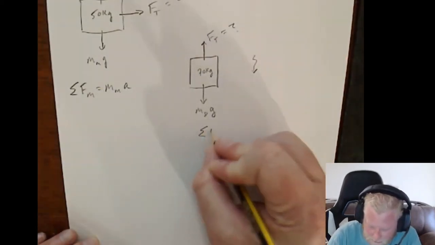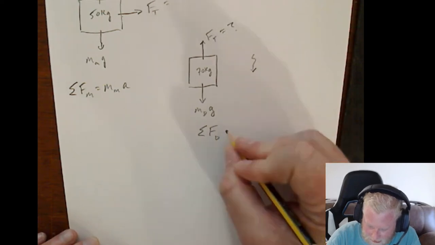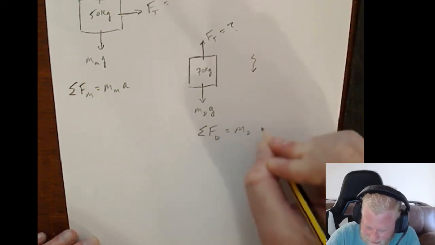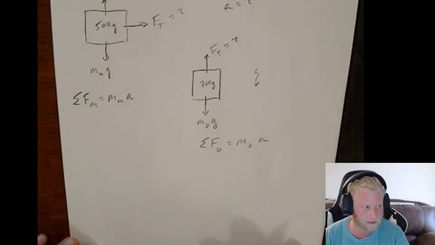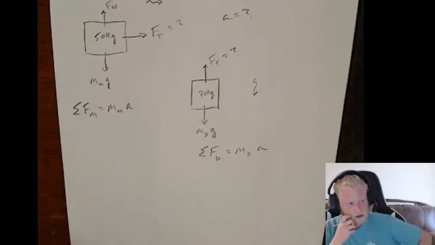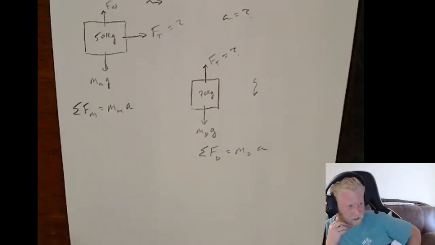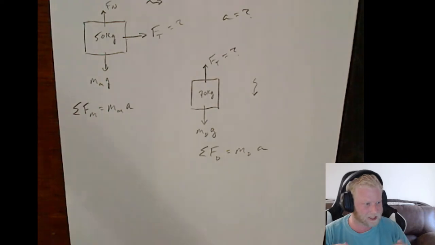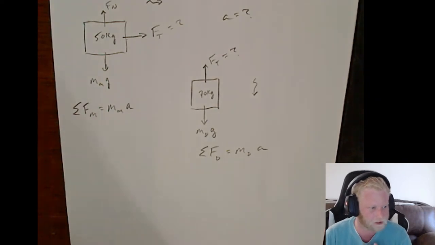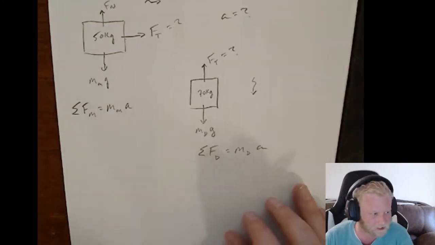And the net force acting on Dawn is equal to Dawn's mass times acceleration. Always start with just a basic statement of Newton's second law for each object, and then you can work them out simultaneously until you can find a bridge between the two.